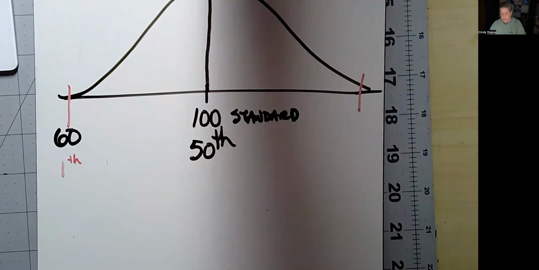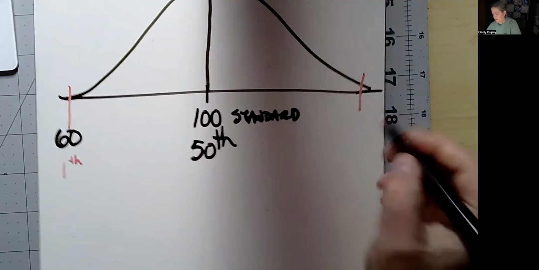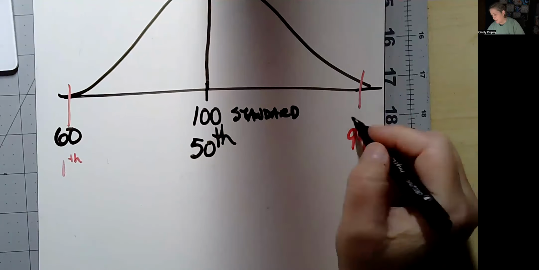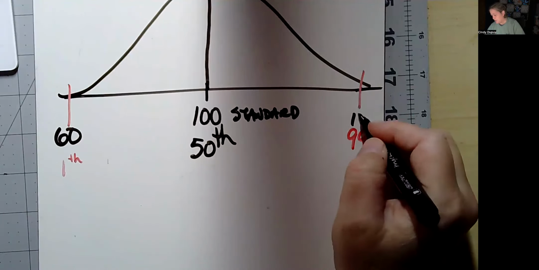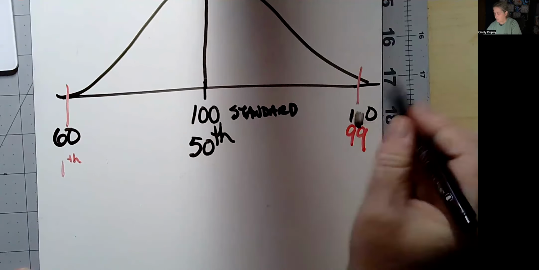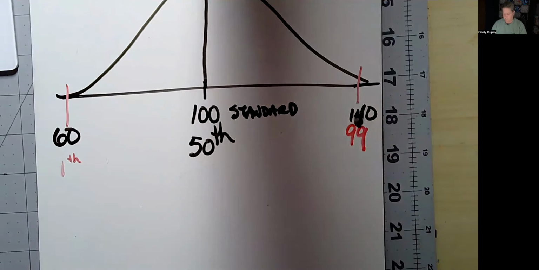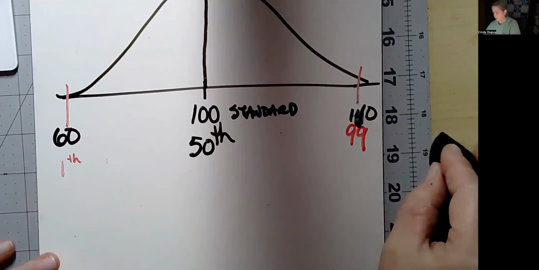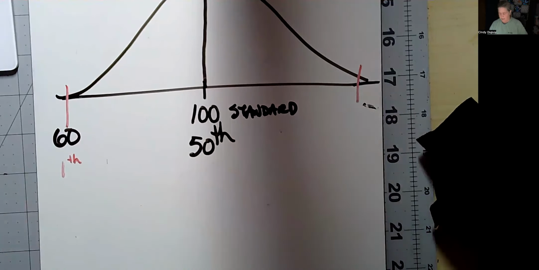And the student up here who scores in the 99th percentile has typically scored around 130 or 135. And we'll just call it 130 for now. Actually, we're going to call it 140 just because it makes it visually a little cleaner, if that makes sense. Let me rewrite that in.